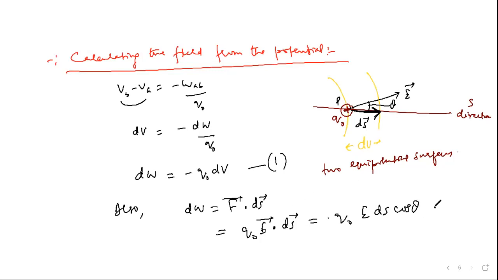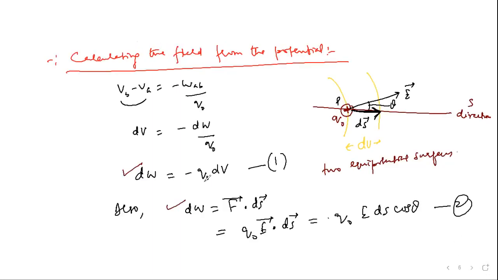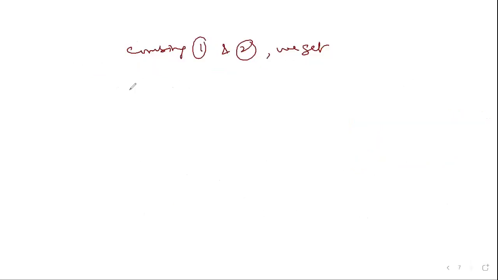Now I can equate these two. So this is the work done by the field. This is the same work. So I can equate. Right? Combining first and second, we get: minus Q naught dV is equal to Q naught E ds cos theta, right?